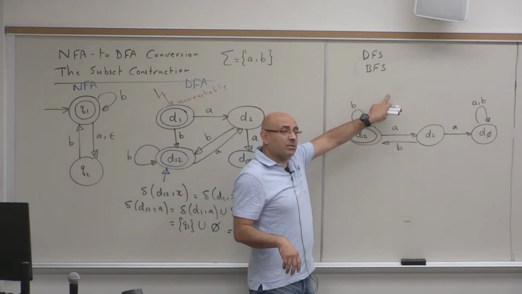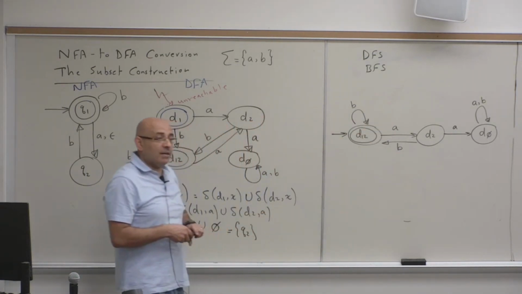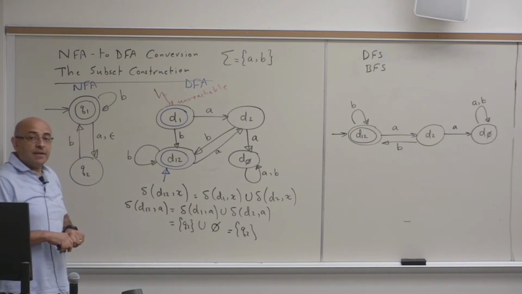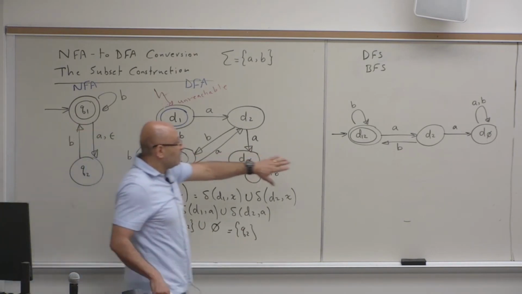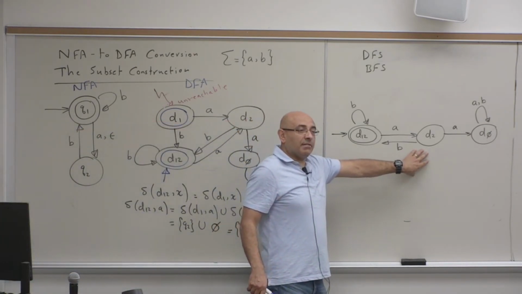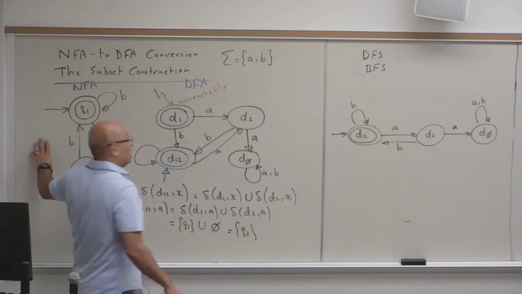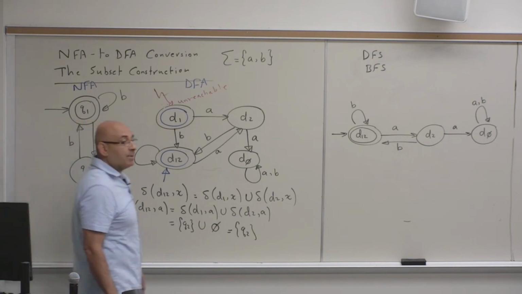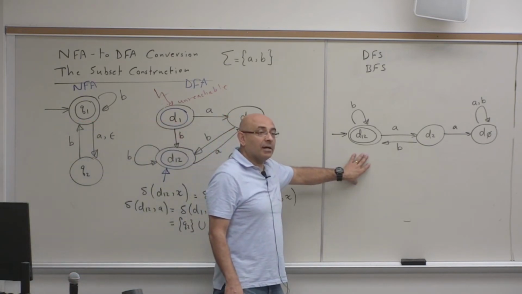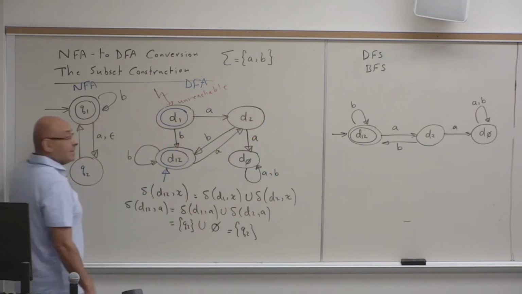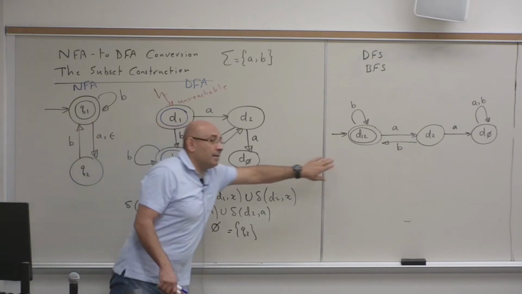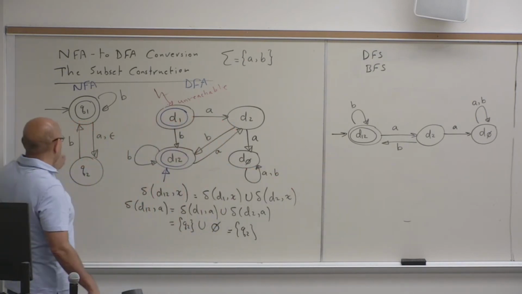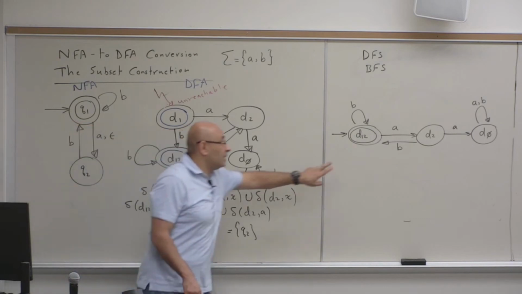This is what we call the subset construction for converting an NFA into a DFA. Look at this DFA and try to convince yourself that it is equivalent to this NFA. You can do this by checking some sample strings. Any string that is accepted by this should be accepted by this, and any string that is rejected by this should be rejected by this.